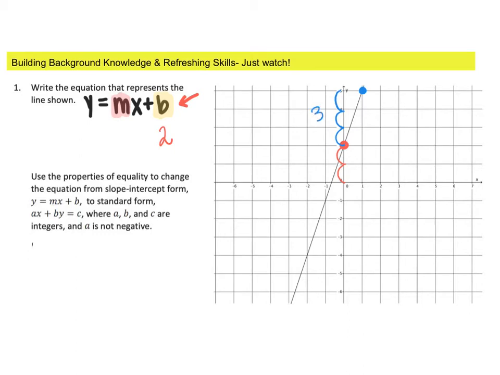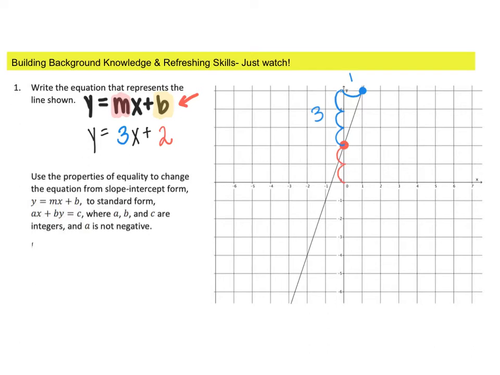So I rose 3, and I'm going over 1. So my run is 1. My rise over run is 3 over 1, which reduces to 3. And I have my m, I have my b. I'm just going to fill everything else in here. The equation for this line in slope-intercept form is y equals 3x plus 2.